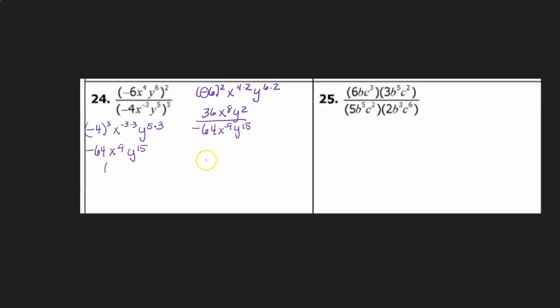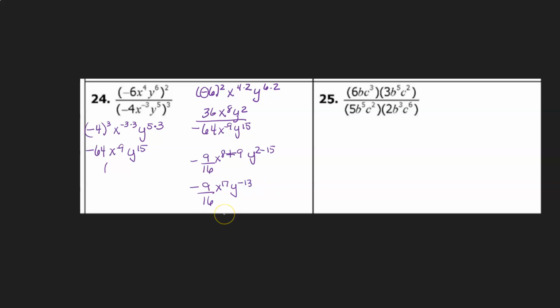So let's reduce negative 36 over 64 to negative 9/16, x to the 8 minus negative 9, y to the 12 minus 15, which will give me negative 9/16, x to the 17th, y to the negative 3rd.